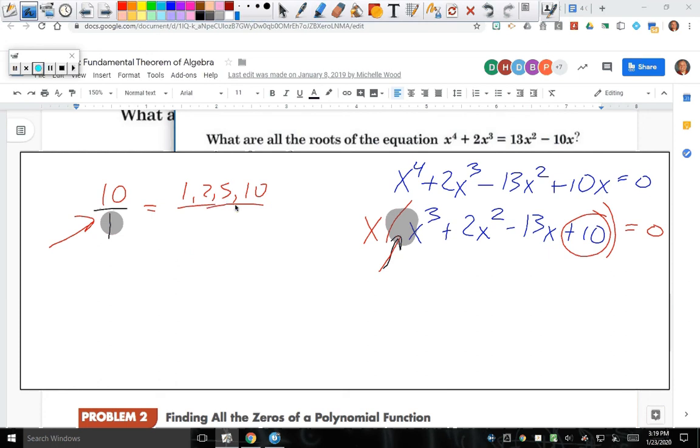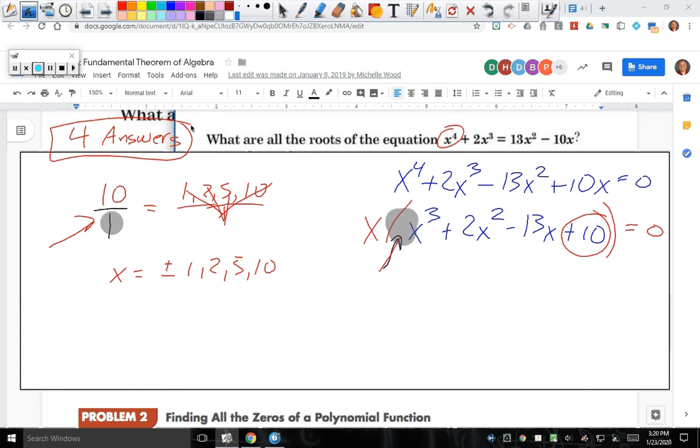So this is going to be 1 over 1, 2 over 1, 5 over 1, 10 over 1, aka 1, 2, 5, 10, plus or minus. These are possible answers. We know there's going to be 4 answers, 4 solutions, x-intercepts possibly, all that good stuff. Are we good?